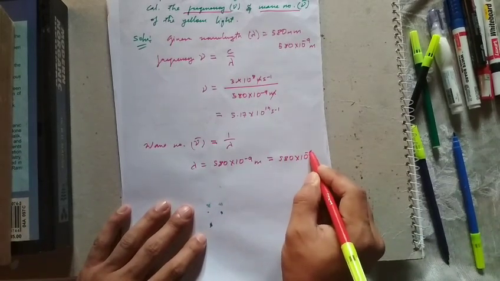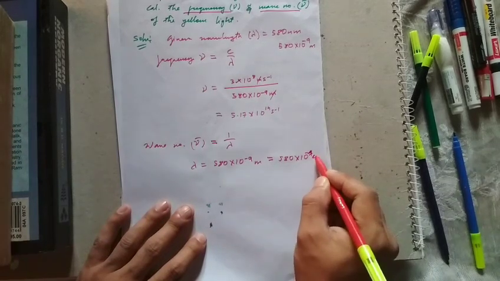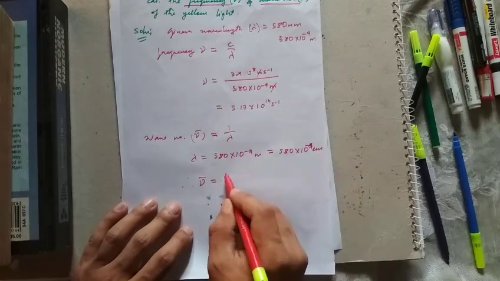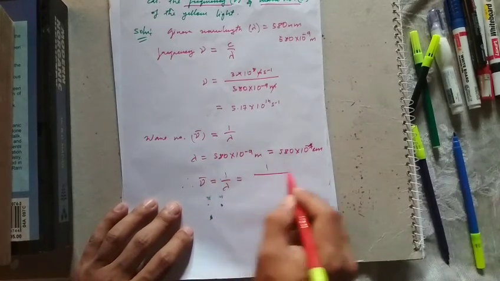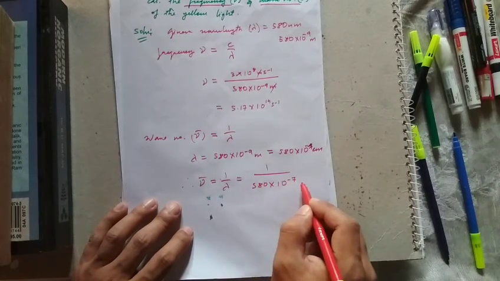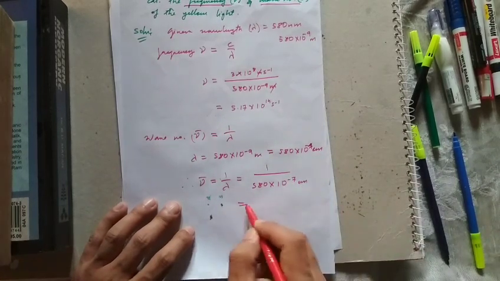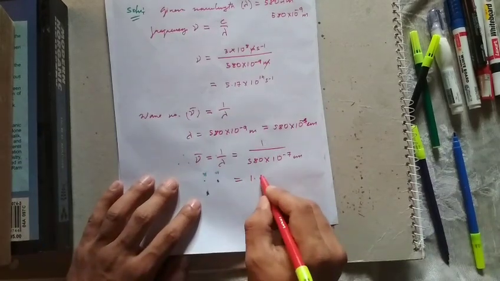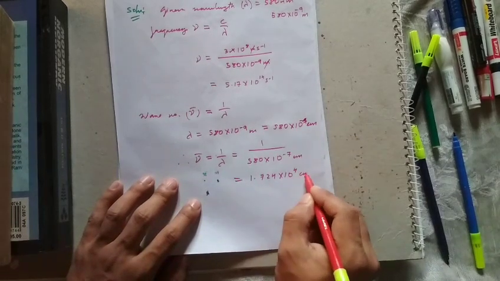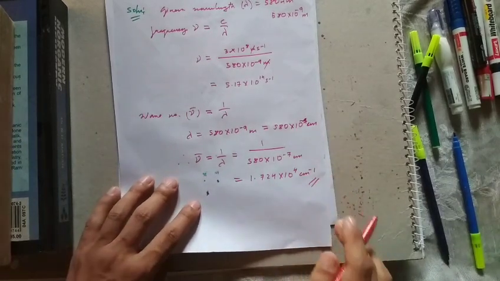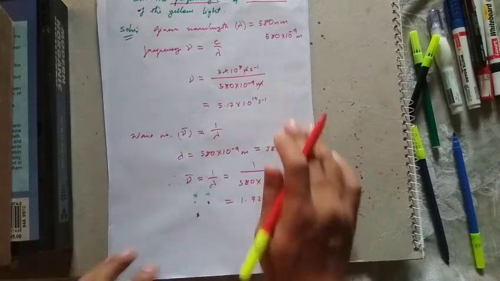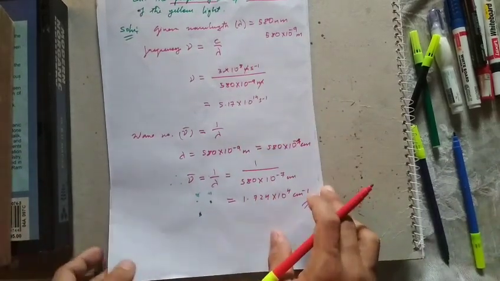Now we will find 1 by lambda, 1 by 580 into 10 to the power minus 7, and we get the value in centimeter inverse. So this is one numerical problem.